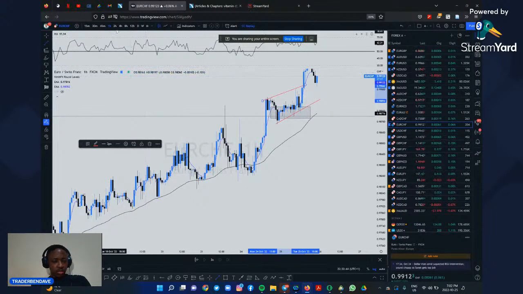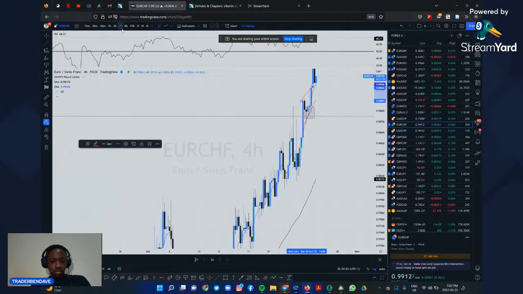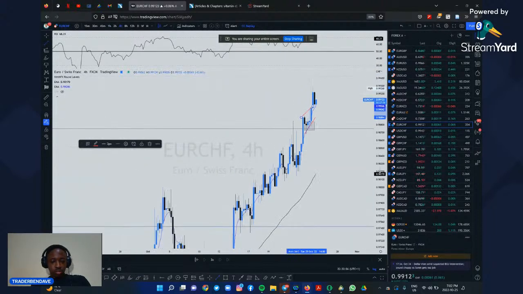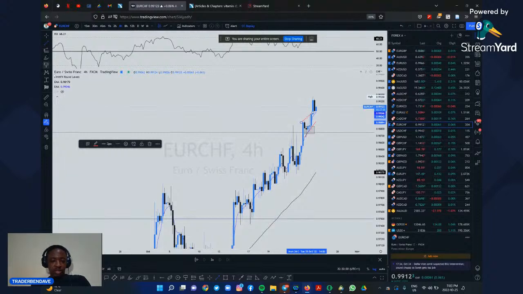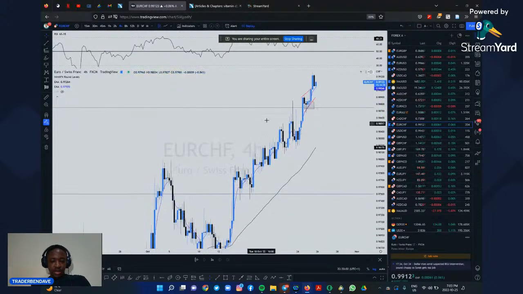Oh, hold on, is it the right levels? Yeah, I figured that those were not the right levels. So these were the right levels. So here.